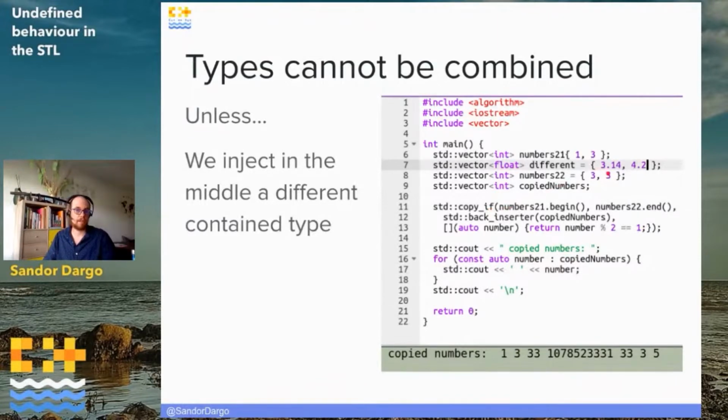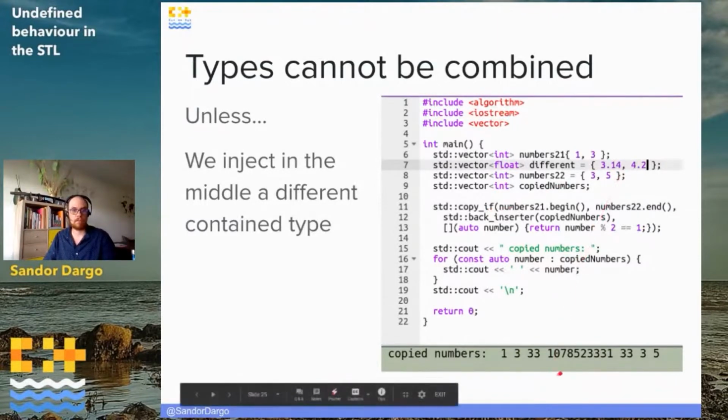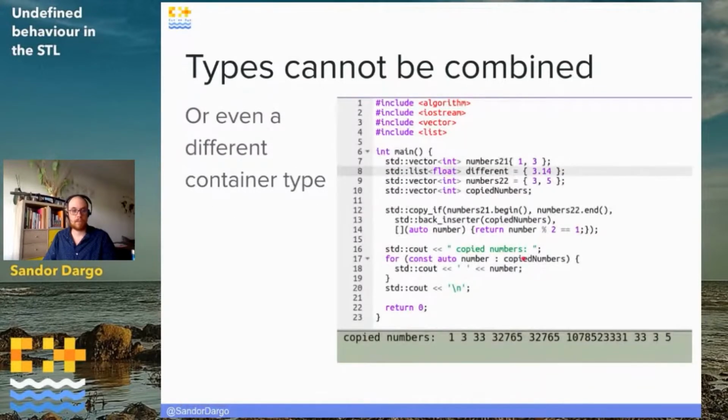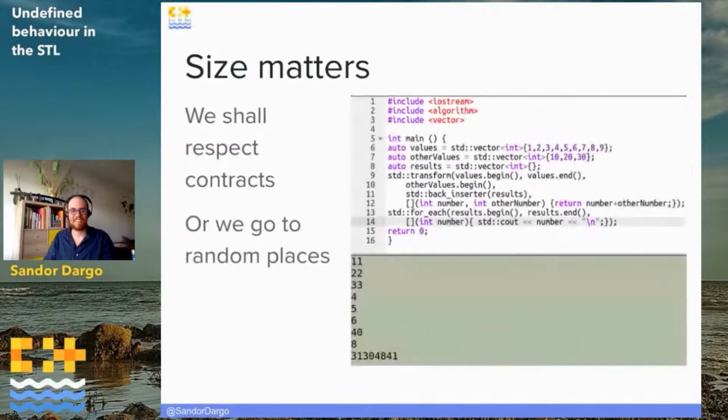So even though here you had a float, well, you just copied an integer. And you can even inject a different container type, but this is really just for the example.